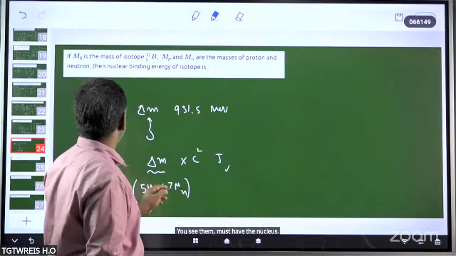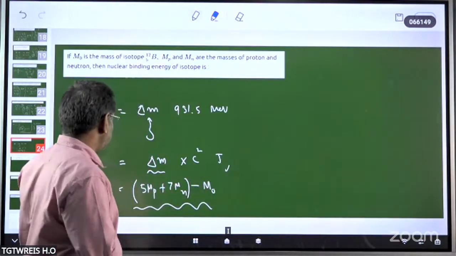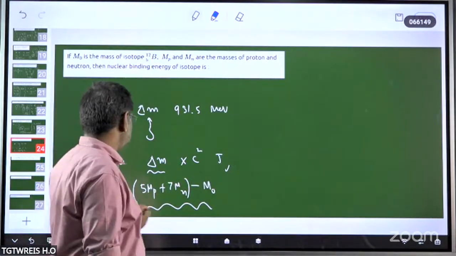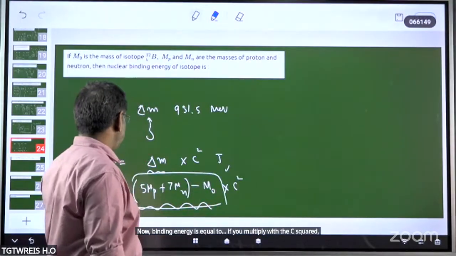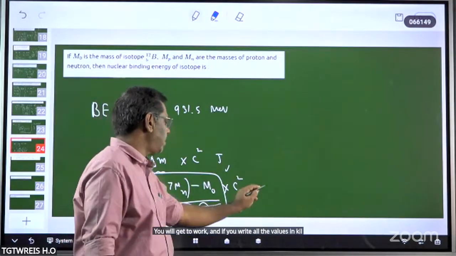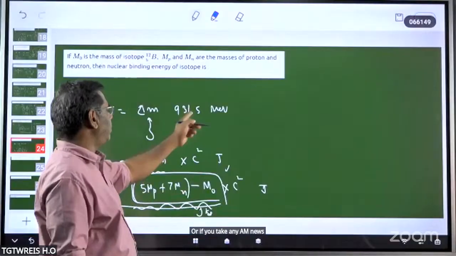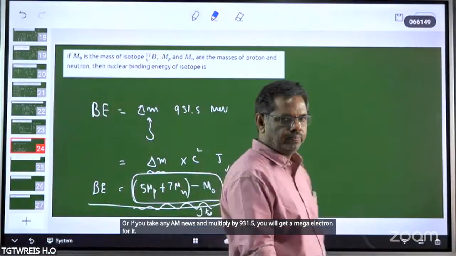Mp, Mn are given, M0 is the mass of the isotope. This is the mass defect. Now binding energy is the mass defect multiplied by C square. If you write all values in kilogram, you will get the value in joules, or if you take AMUs and multiply with 931.5, you will get mega electron volt.